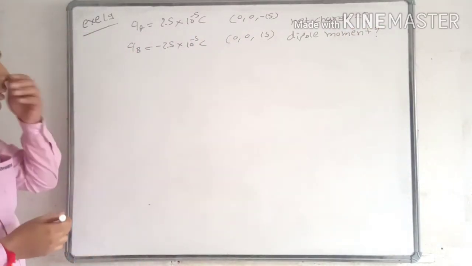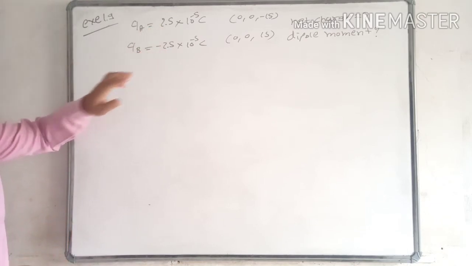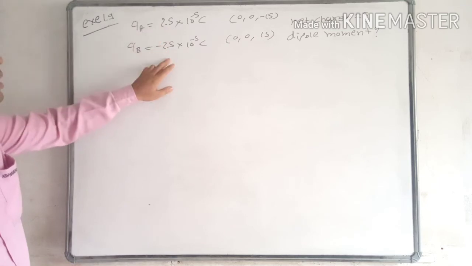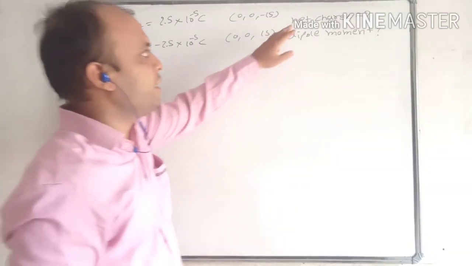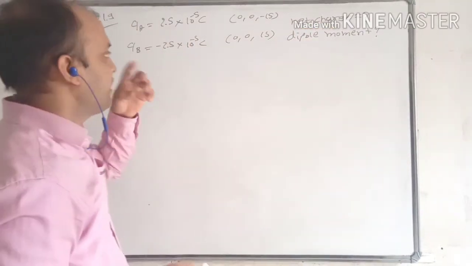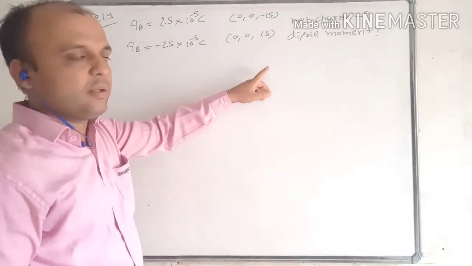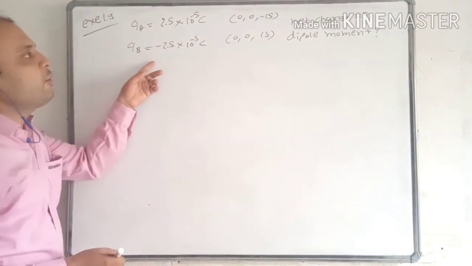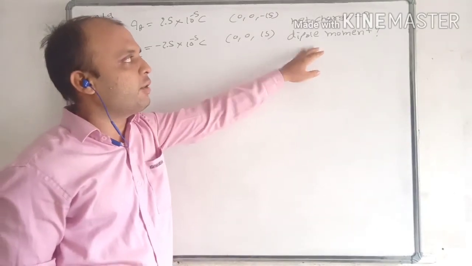Okay, see, here we have two charges having the same value but opposite sign, and they are separated by some distance, so we can find the net charge. This is actually a dipole having distance 30 centimeter, but they don't give it to us directly. Now we also have to find the dipole moment.